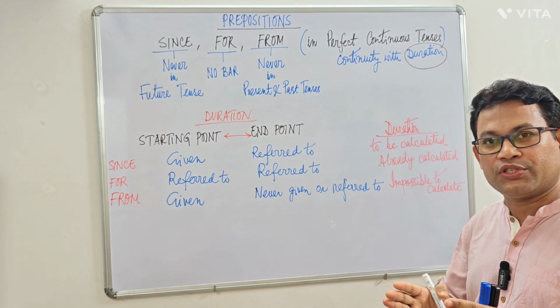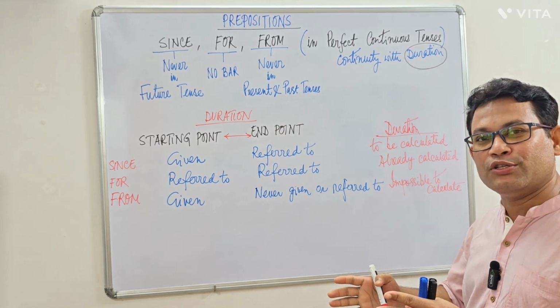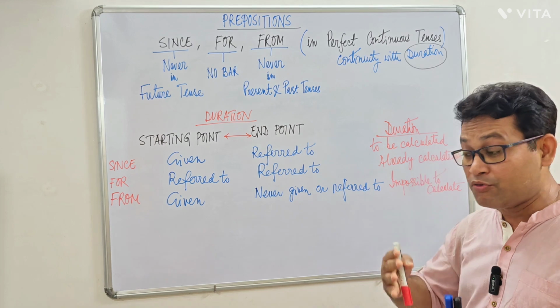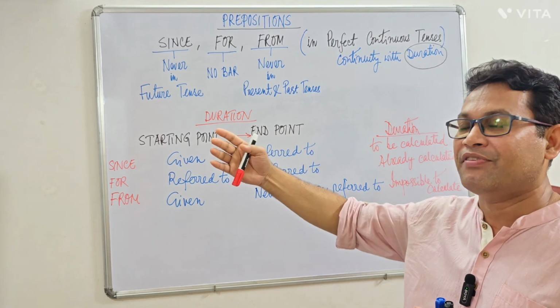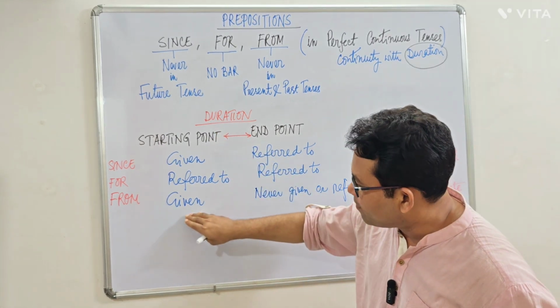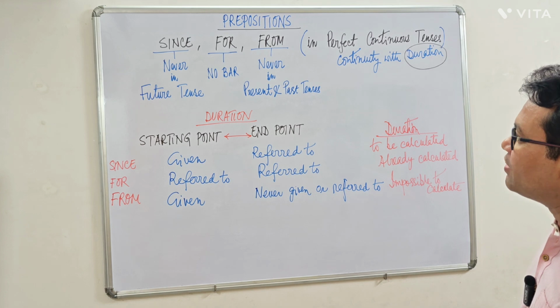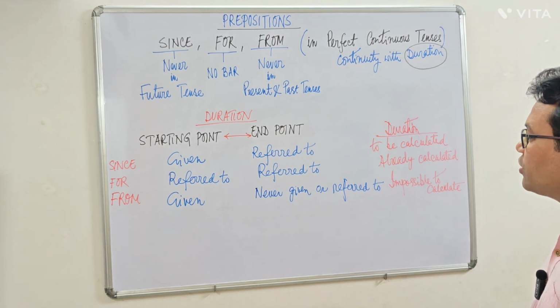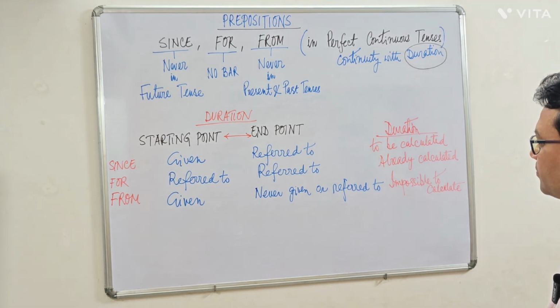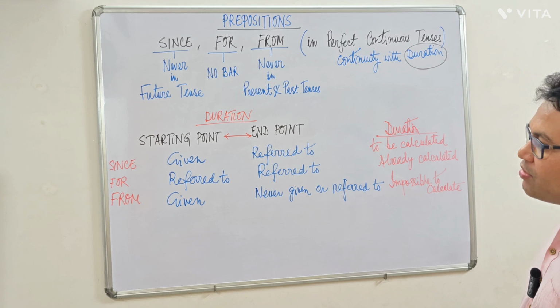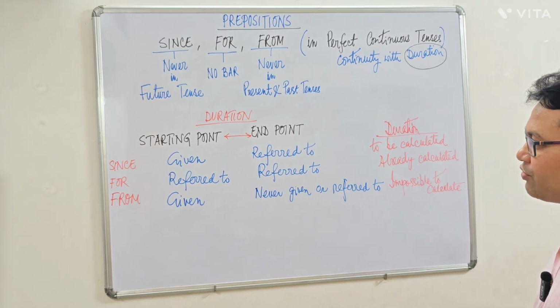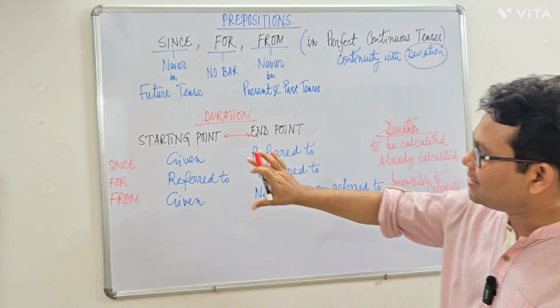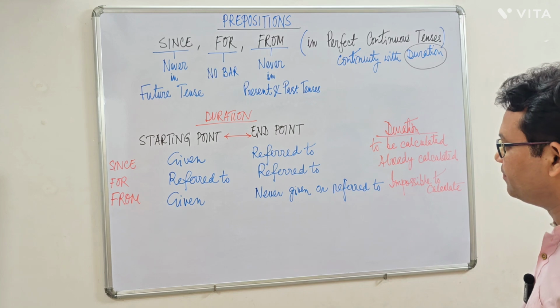Past is closed, already known. Present is also closed, already known. But only future is extended to infinity. That's why "from" is to be used only in future tenses wherever we want to express the idea of duration. Fine, let's now look at examples or practical situations and try to apply these three prepositions correctly.